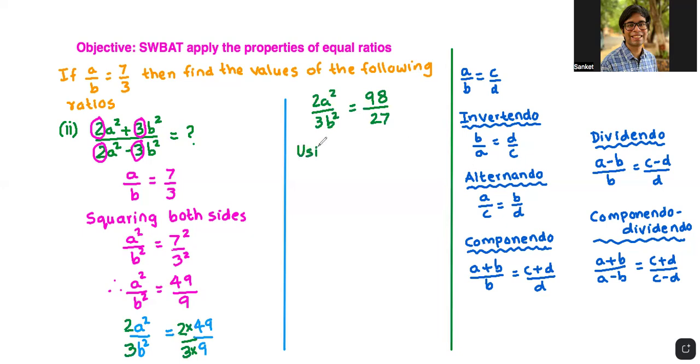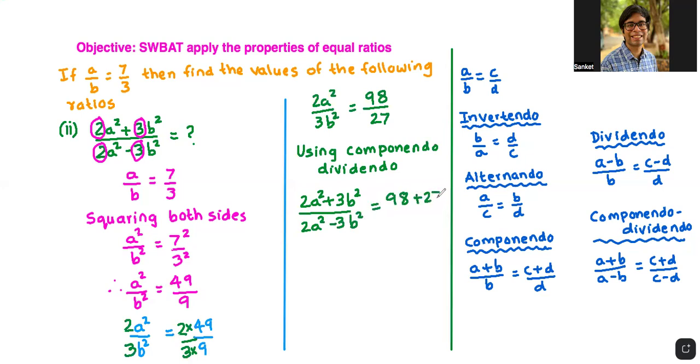The answer is yes. So using componendo dividendo, I get 2A square plus 3B square upon 2A square minus 3B square is equal to 98 plus 27 upon 98 minus 27, which is 125 upon 71. I hope this is clear. We can go to the next question.